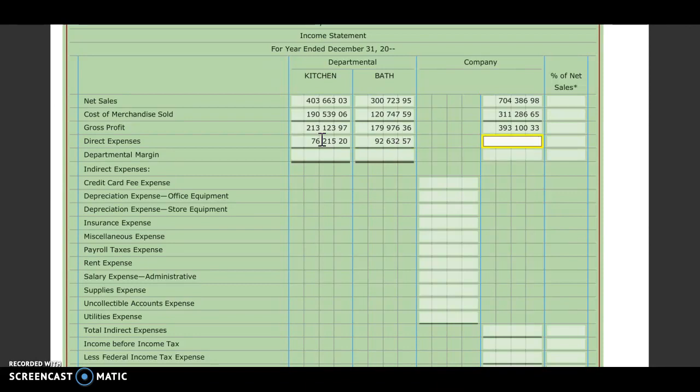Add those two together to get my company, $168,847.77. And then to figure out my departmental margin, I'm going to take my gross profit minus my direct expenses, and that should equal what I get on my departmental margin statement as well.